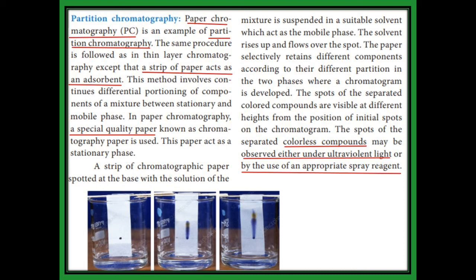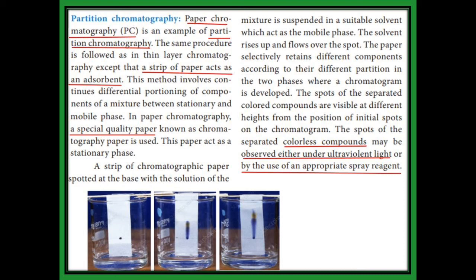How can we conclude that? On seeing the color, a color difference will arise. From that only we can find that the elements are separated. So if some colorless compound is present, with the help of ultraviolet light or any other suitable spray reagent we can view the colorless compound.